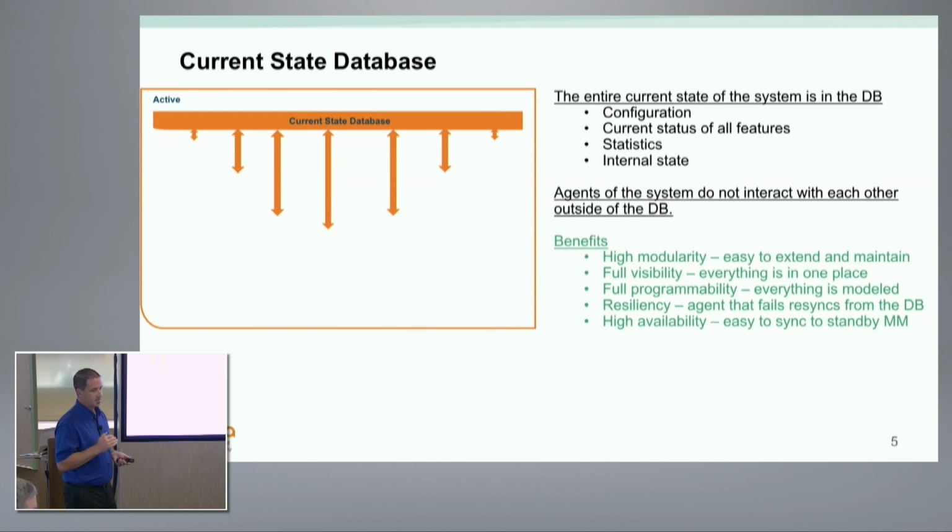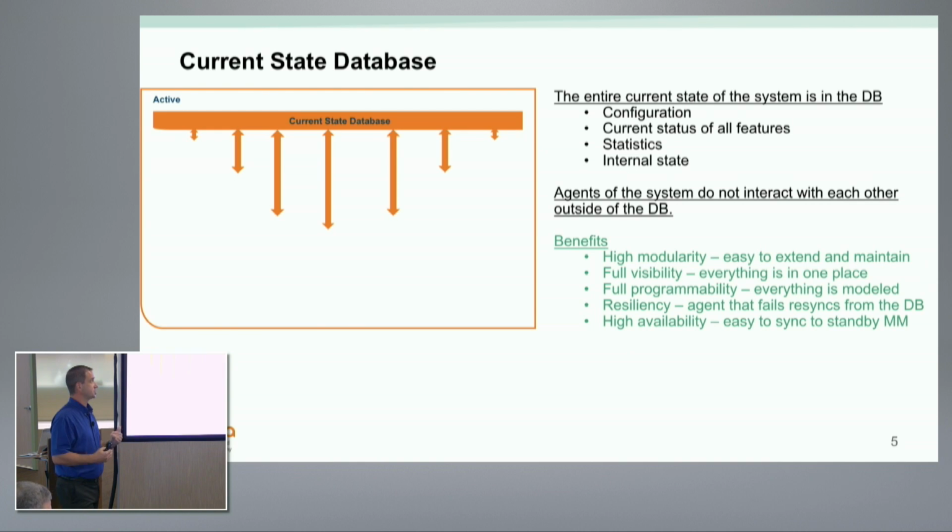So we're not allowing any given daemon to talk to any given other daemon and creating all these matrix paths that create large failure domains, right? Everything is in this database, be it the configuration of a protocol, the current status of any given feature, statistics about your port counts, your ACL hit counts, whatever it is, it's expressed within that database.